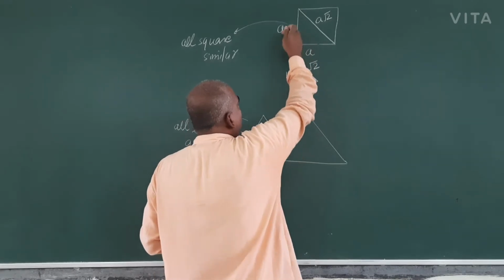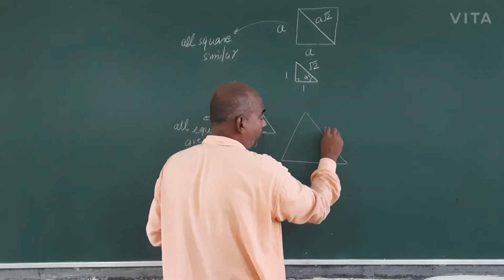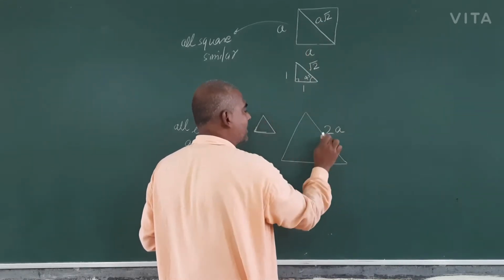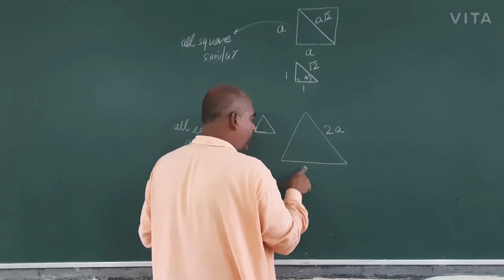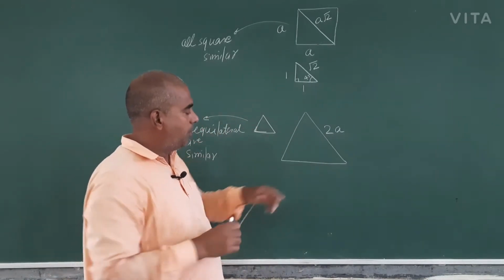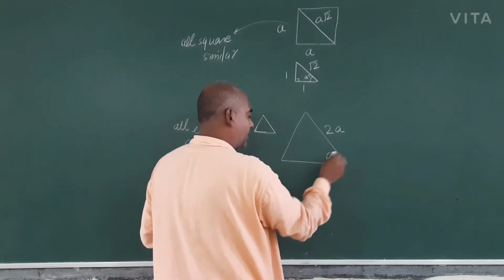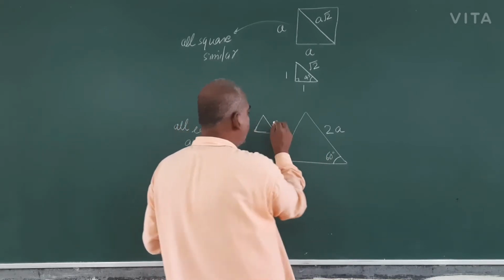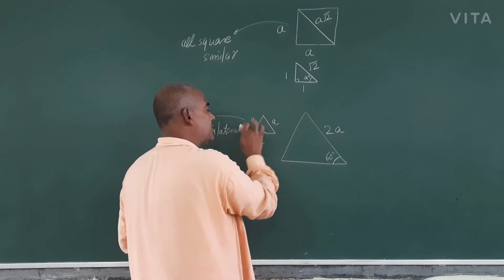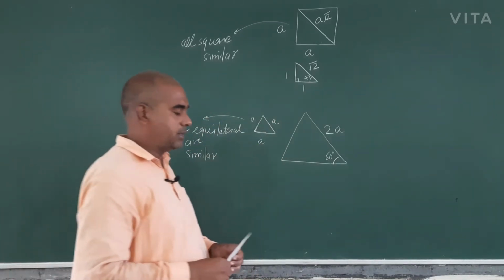Just like we have 2A, suppose this is 2A, this is 2A, this is 2A. So taking 2A, this angle is 60 degree. I can take A also.